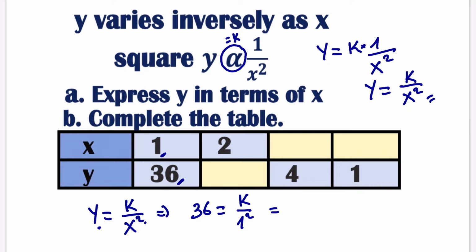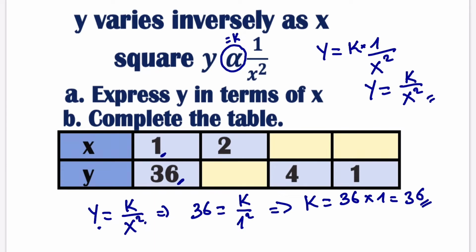So k will be equal to 36 times 1 squared, which is 1. So k is 36.